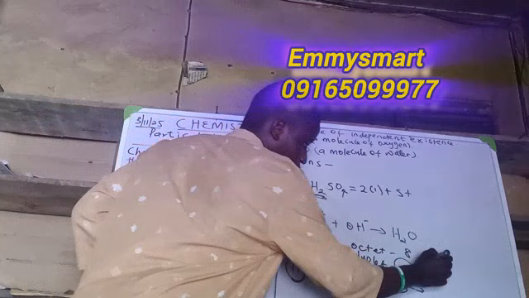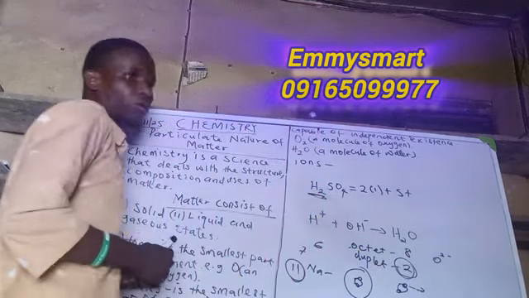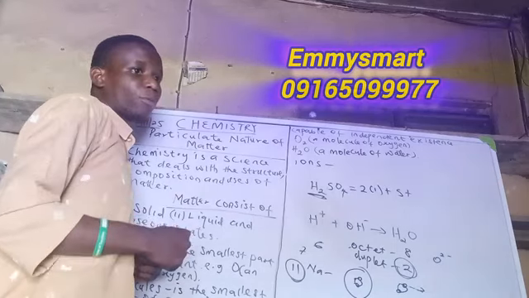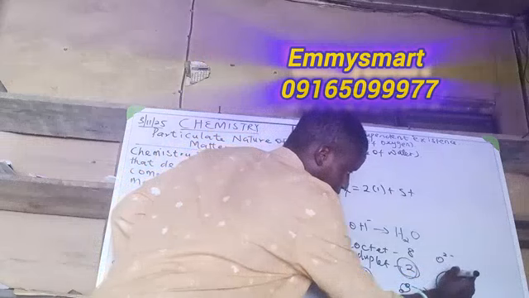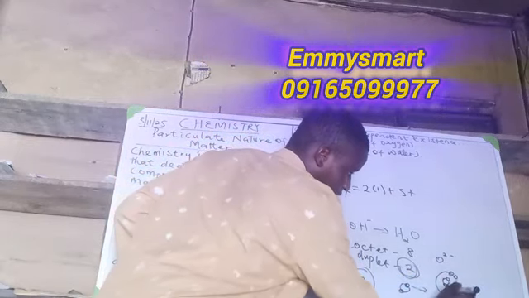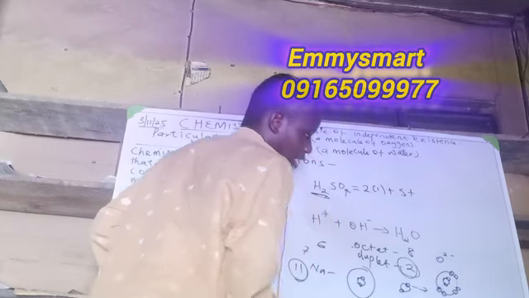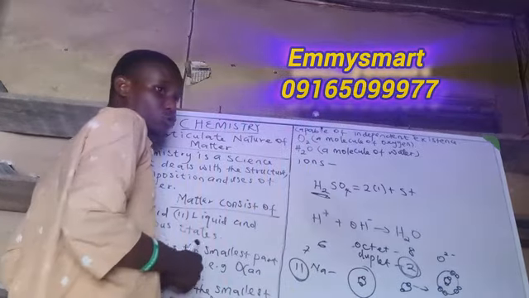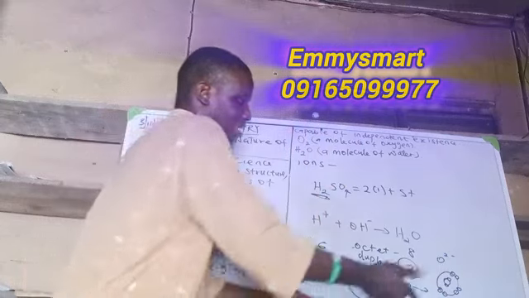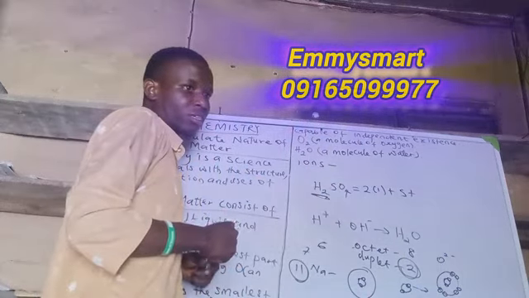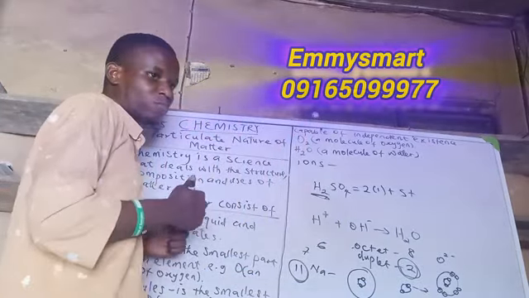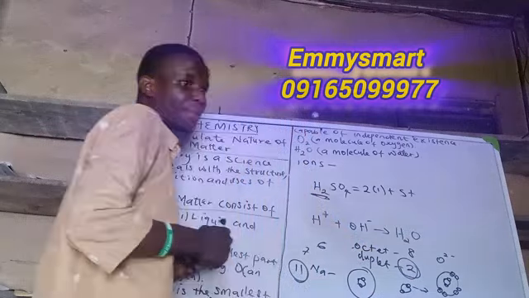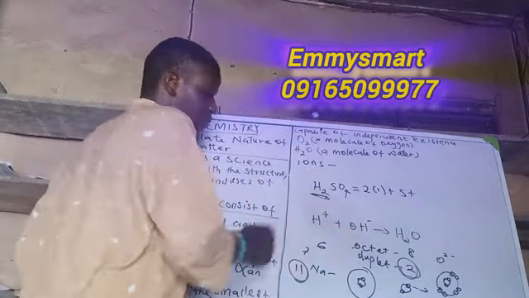The charge of oxygen is always -2. What is the atomic number of oxygen? 8. You have 2 electrons in the first shell, then 2, 3, 4, 5, 6, 7, 8. How many remain to complete it? 2, right? So it can accept. It's an acceptor. If it receives electrons, it becomes negative. Those that give out are always positively charged.